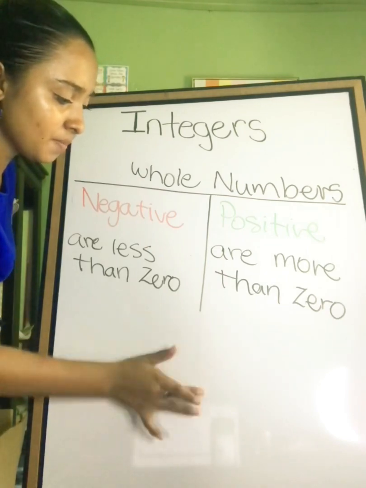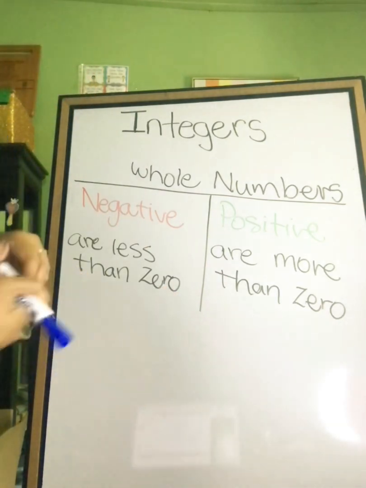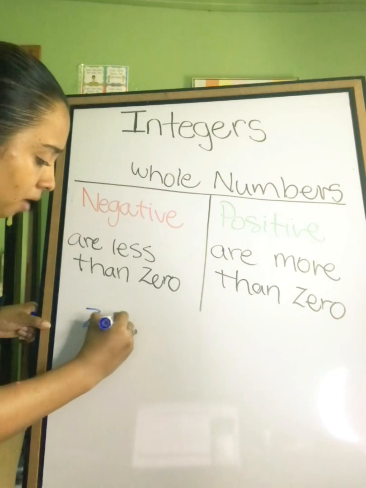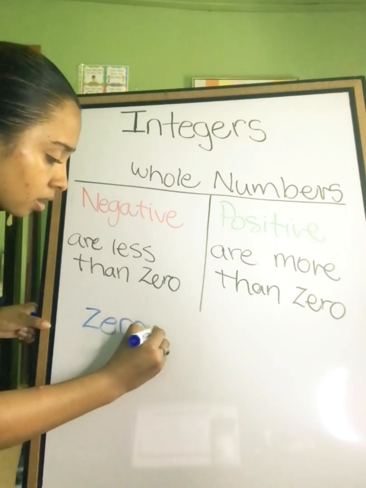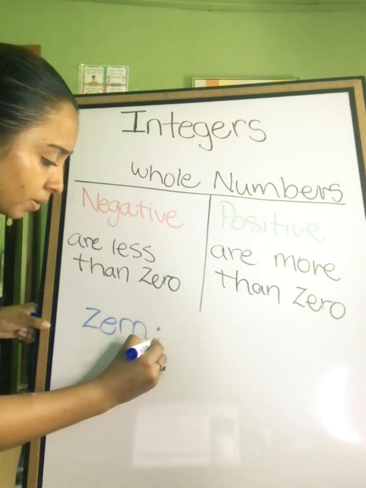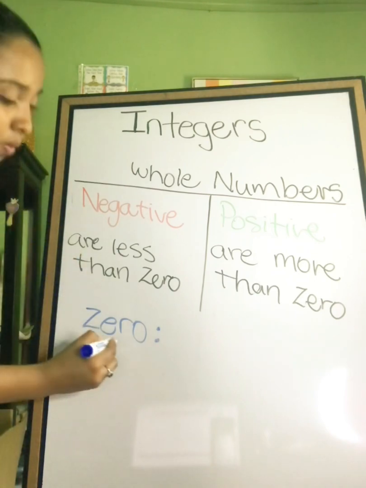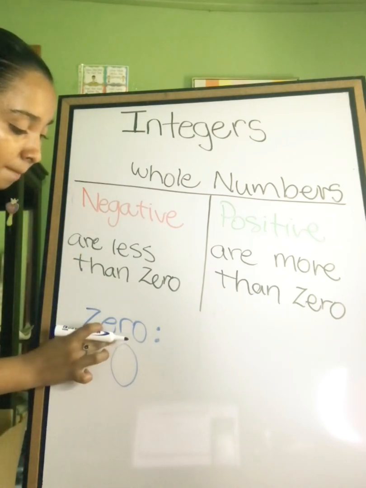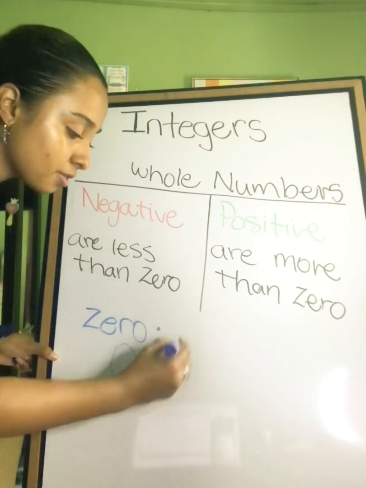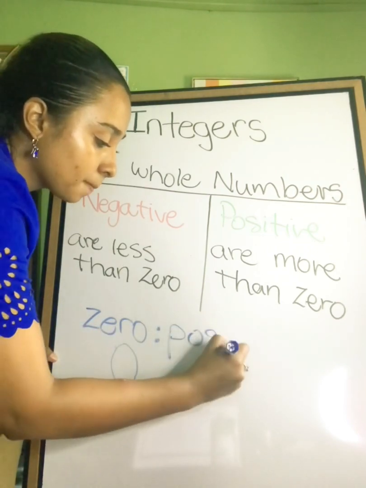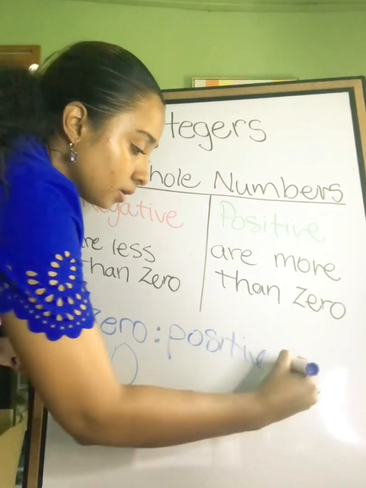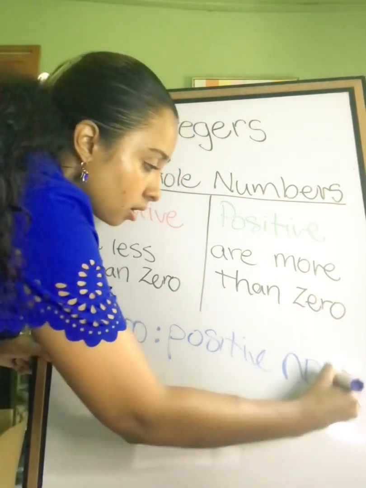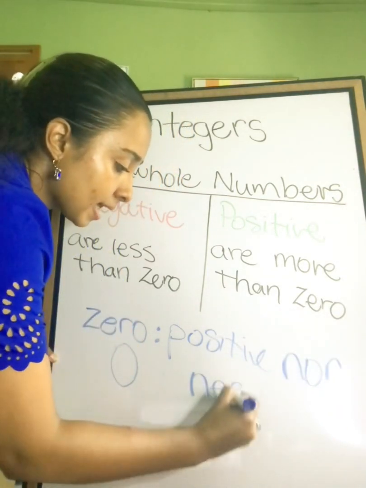And I see that we have 0 here. So let's talk a little bit about 0. What do we know about the number 0? We know that when someone says you have 0, you have nothing. But 0 is neither positive nor negative.